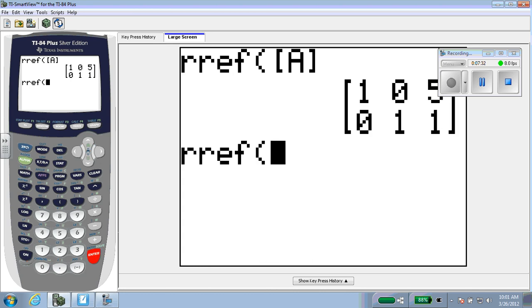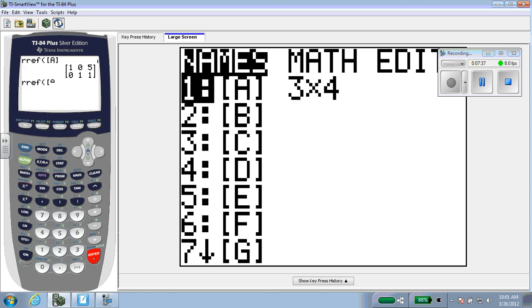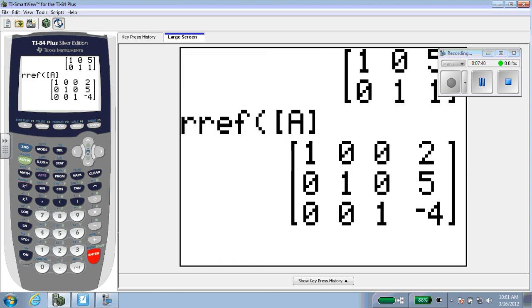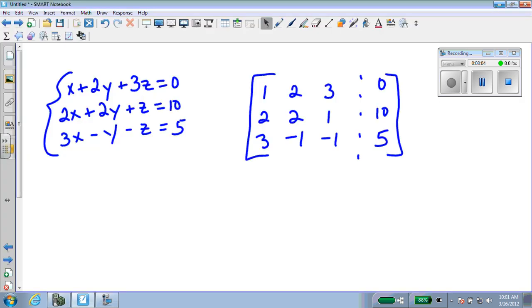Reduced row echelon form, Matrix A. And it says 1, 0, 0, 2. So x is 2. 0, 1, 0, 5. So y is 5. 0, 0, 1, negative 4. So z is negative 4. So 2, 5, negative 4 would be the solution to this system.